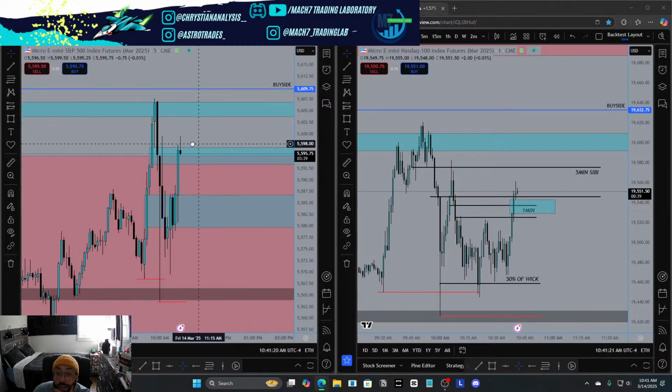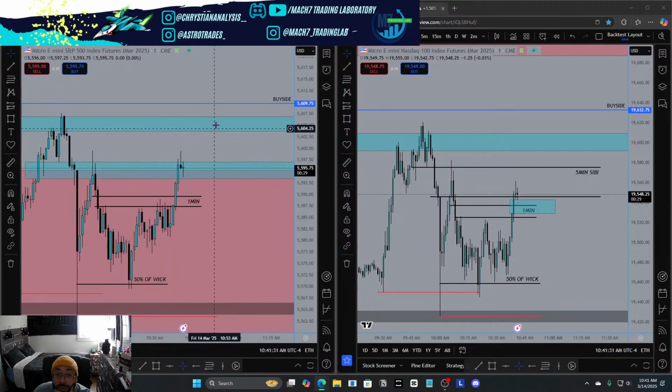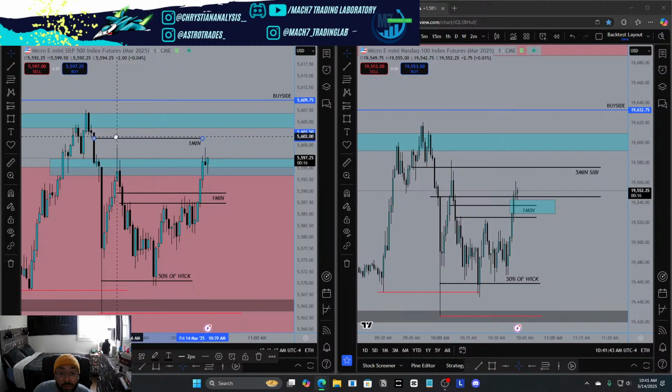Currently at a 5 minute inverted FVG, but again, I'm looking at the higher time frame, which is the daily that we're currently in. So if we're above it, then we can continue pushing up higher. But I definitely want to see this area here in the 1 minute get taken if she is going to continue going up higher.